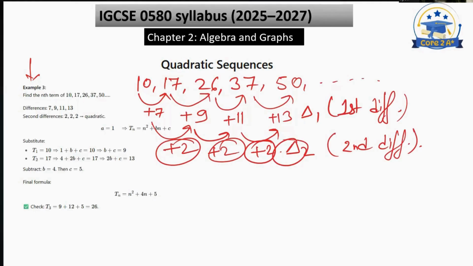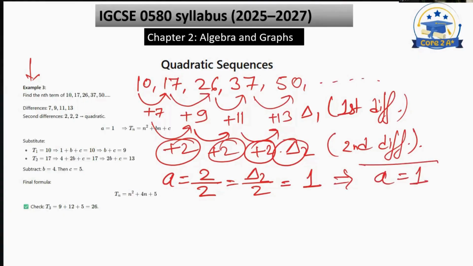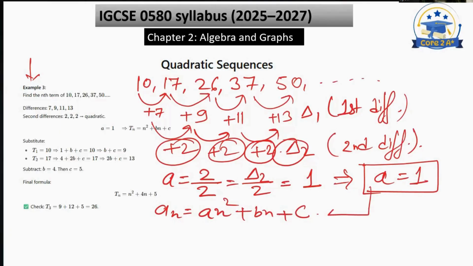Now, we know that A is equal to half of the second difference. Half of the second difference, that is 2 over 2, which is 1. So you are getting A equals 1. Now, where is the general form? The general form is An equals A n square plus Bn plus C. Put A equals 1.